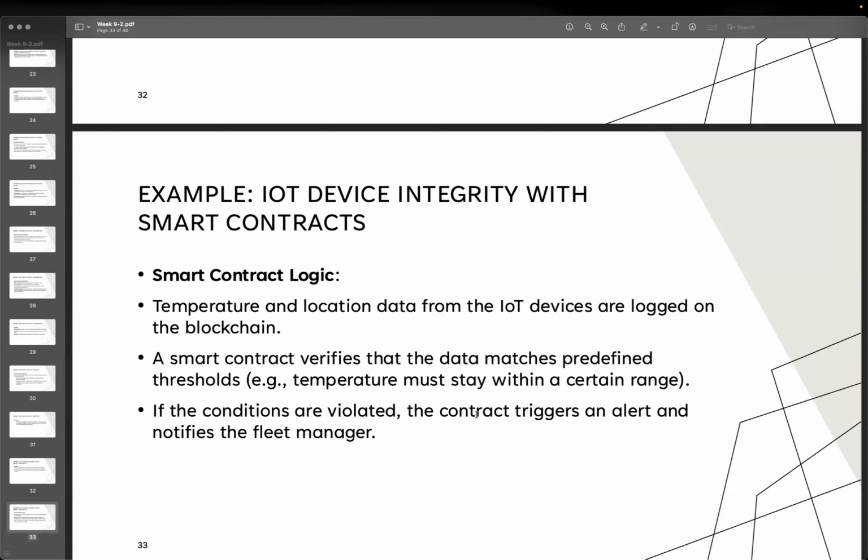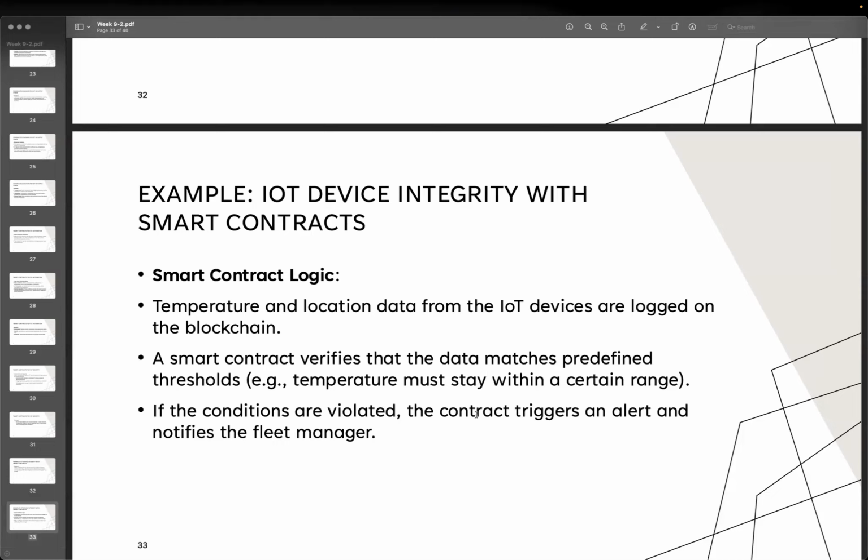If they are shipping vegetables or some fruit and the temperature is too high, those vegetables will probably go bad. So the manager has to check it.